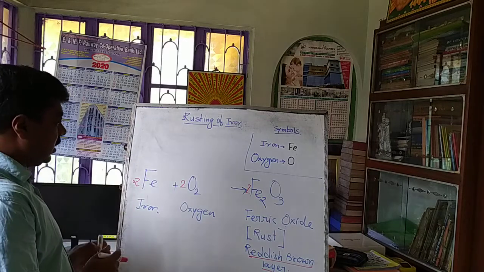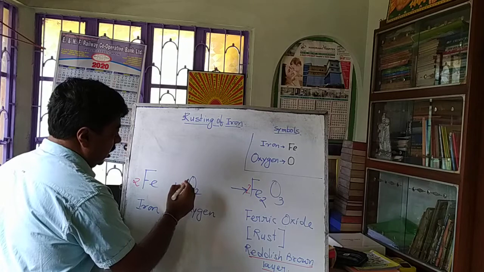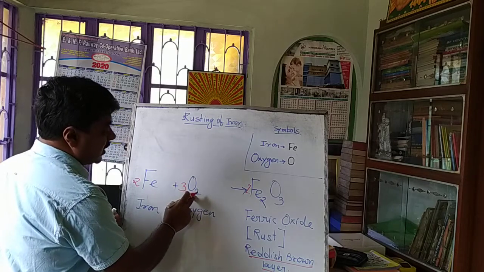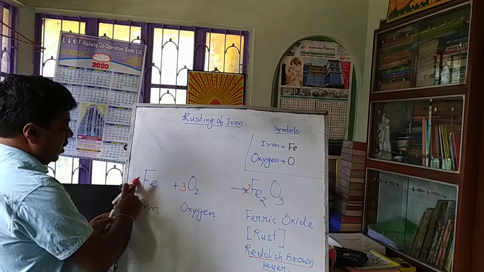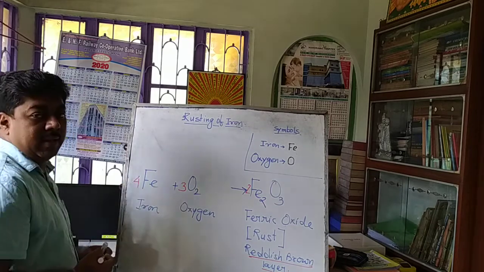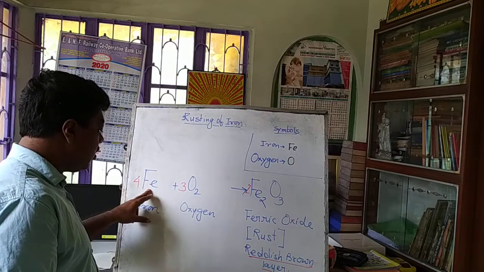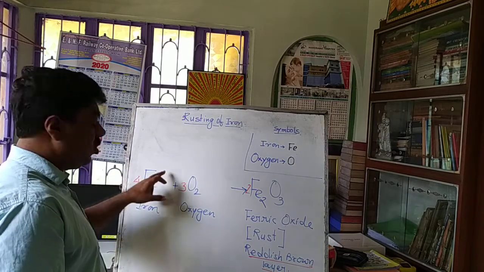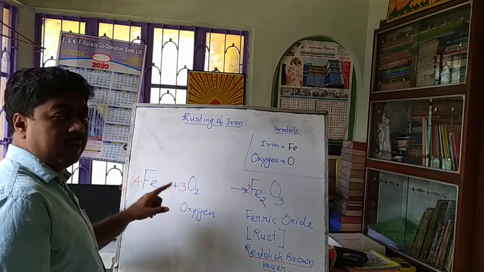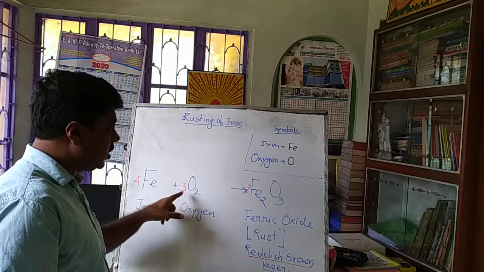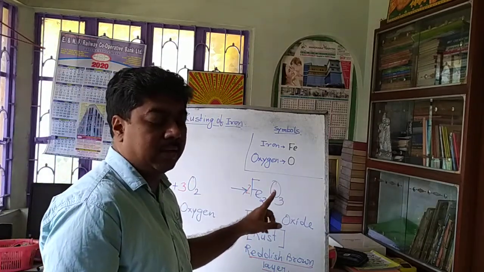Again, to balance it, I have to make here 3, so that it becomes 3 2s are 6 oxygen, and to balance iron I have to make here 4. That means 4 atoms of iron, that means 4 molecules of iron also. So 4 molecules of iron react with 3 molecules of oxygen to give 2 molecules of ferric oxide.